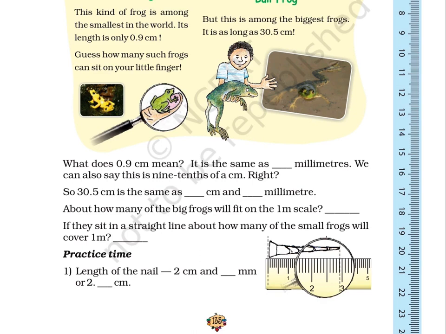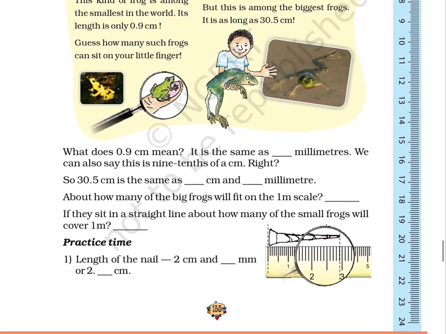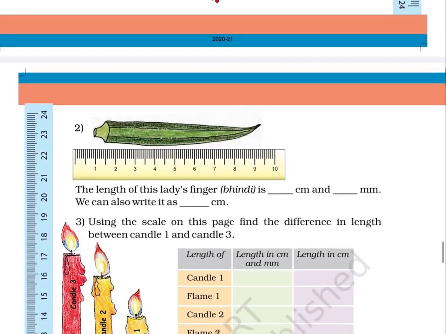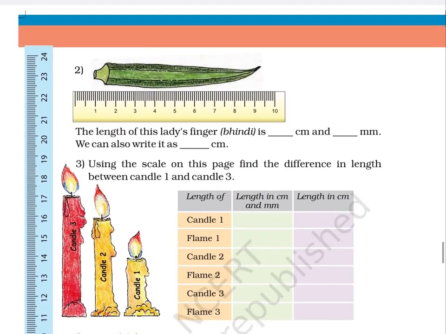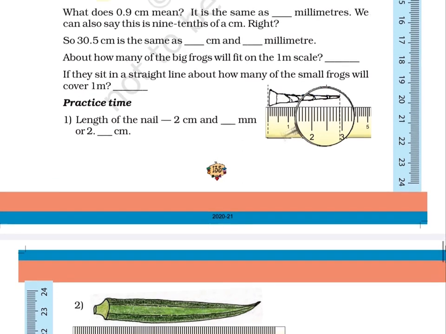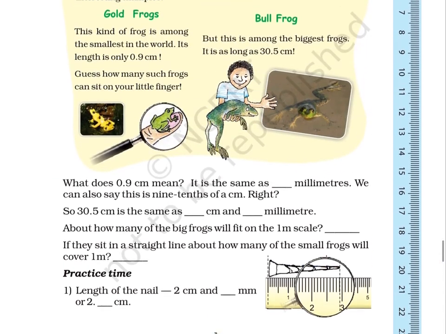Practice time. 1. Length of the nail 2 centimeters and dash millimeter or dash centimeters. Next to the question is given a nail being looked at through the glass or lens against a scale.